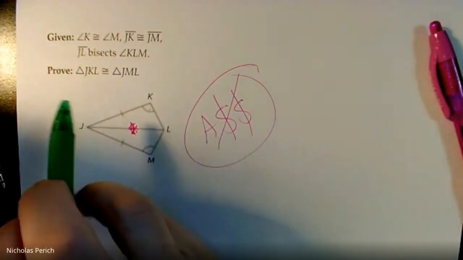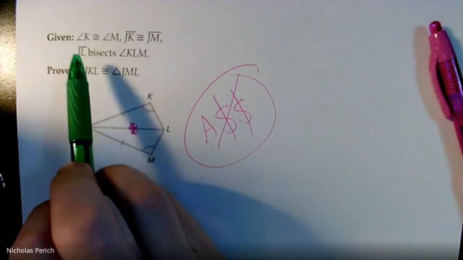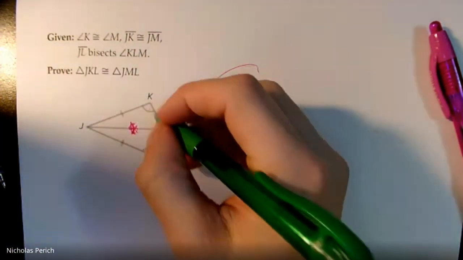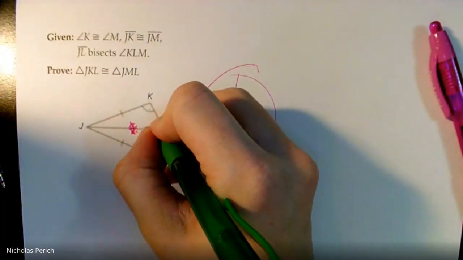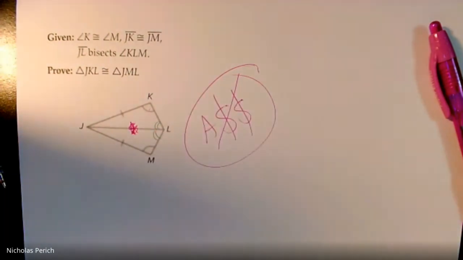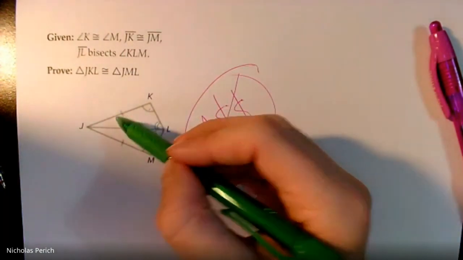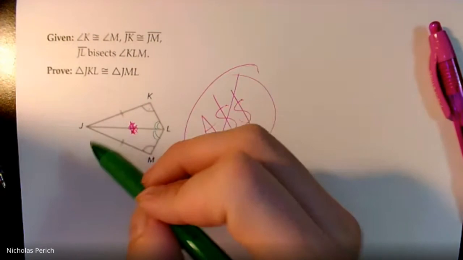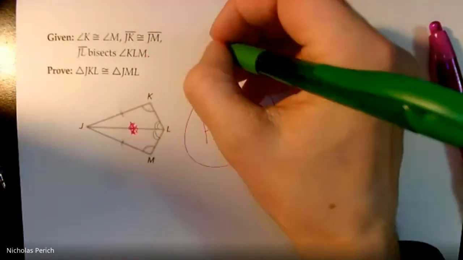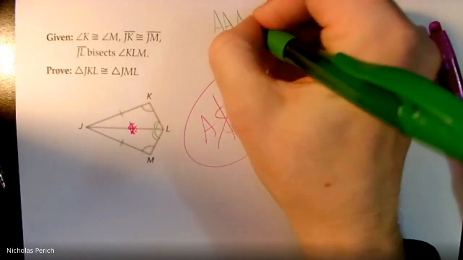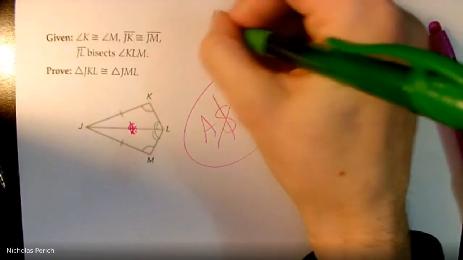What we would have to do is, this says that JL bisects KLM. So we could say this. And now that we could say this, we have a side with an angle, and the side is not in between. Which one of the four properties, oops, that's not one. Of course, I drew out the wrong one.